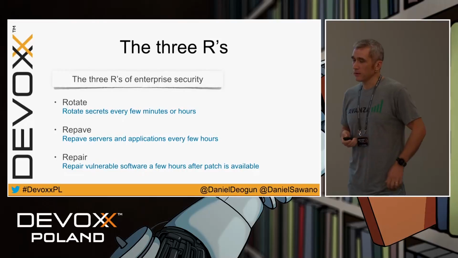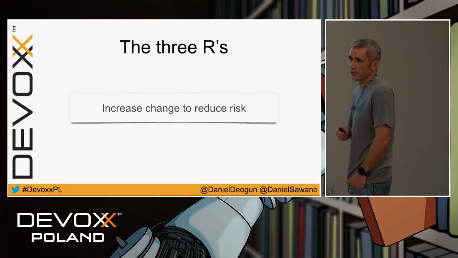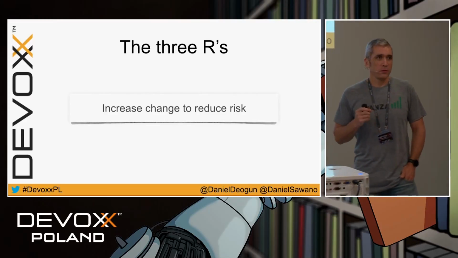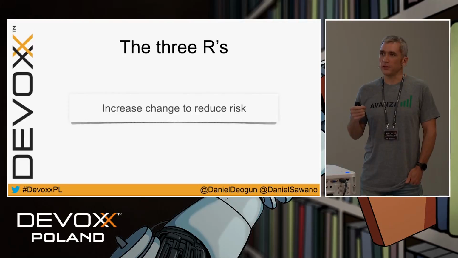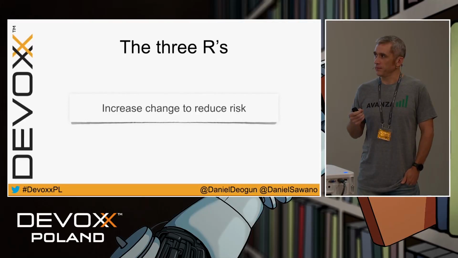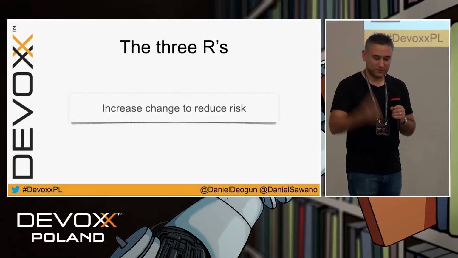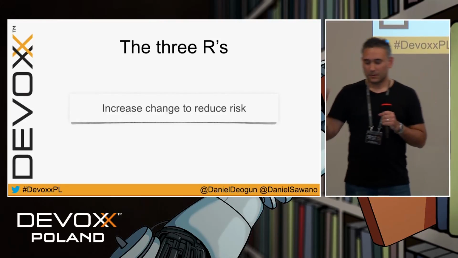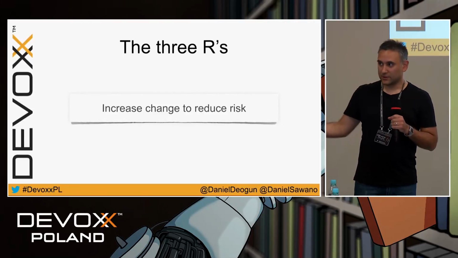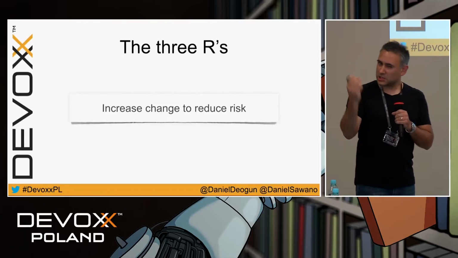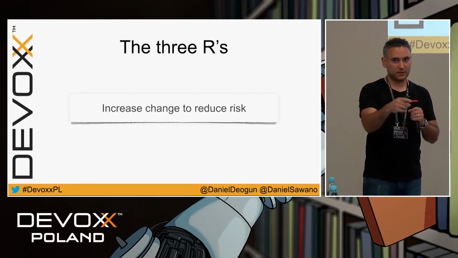Okay. And the reason why this is so different is that we're basically saying that in order to reduce risk or make your systems more secure, you want to increase change. Increase change? Wait a minute. I don't know about you, but I've been part of projects where you have people who monitor your systems, or systems of systems, and if there is a change, that's something bad, because now we know some intruder has come in or something.